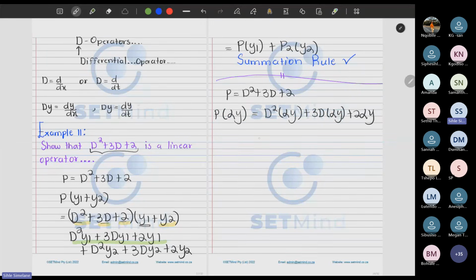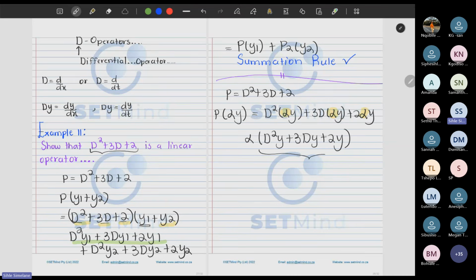So if you observe carefully, we remember that with derivatives, a constant, you can pull it out as is. So if we pull out the constant here, you will see that this is the same as having alpha into D squared acting on y plus 3D acting on y, and then plus 2y.